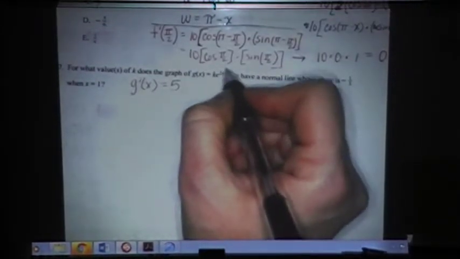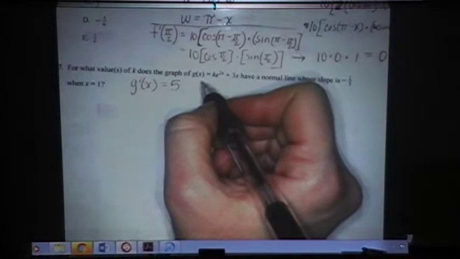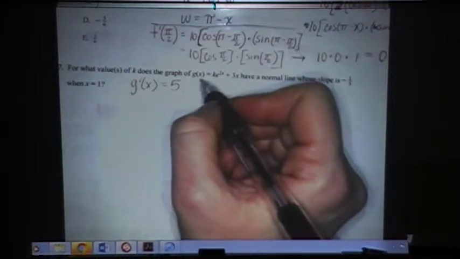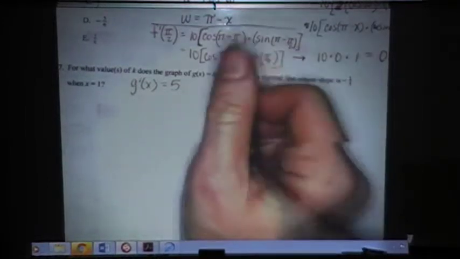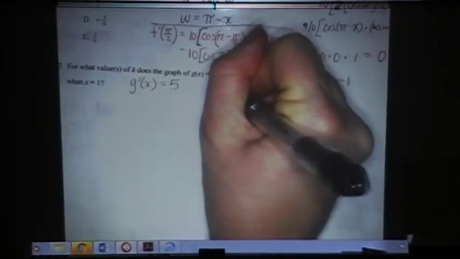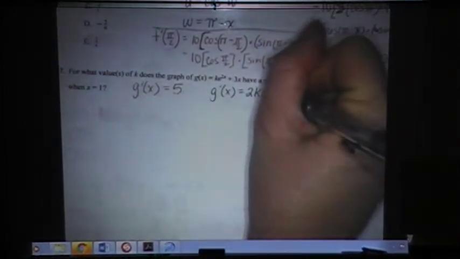So we're going to use power rule and chain rule and just multiply. g prime of x is going to equal 2ke to the 2x plus 3. And I'm going to set that equal to 5.